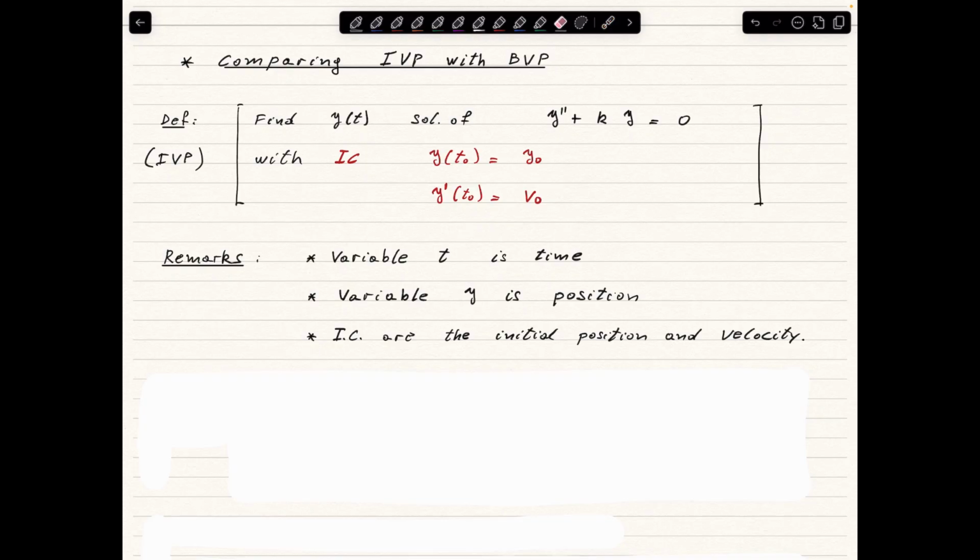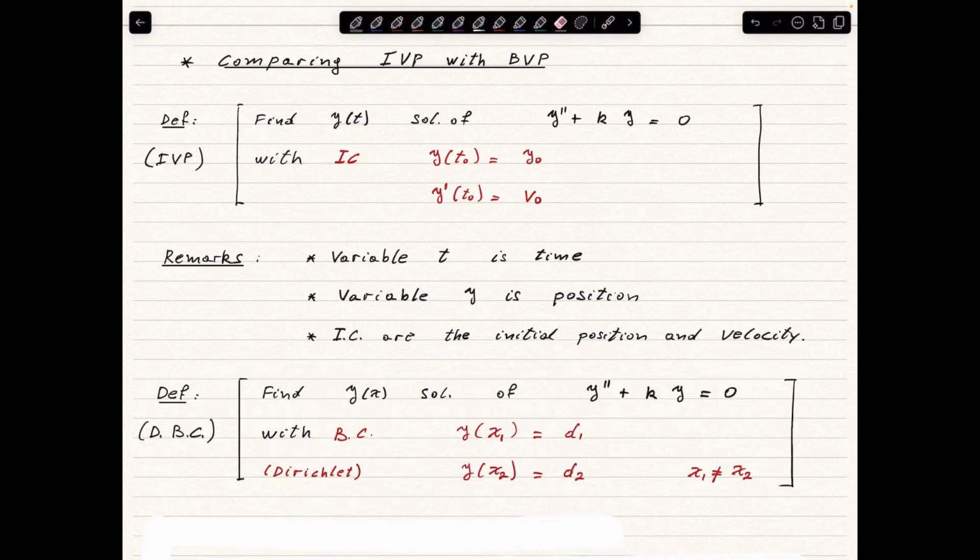Now let's compare that with a boundary value problem, and from all possible boundary value problems, let's choose a Dirichlet boundary value problem just to compare the two problems. In the boundary value problem, we need to find a function that we call y of x, solution of the same differential equation. Notice it's the same differential equation. That's not what is different.